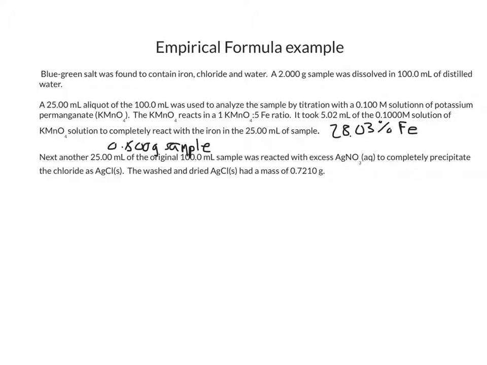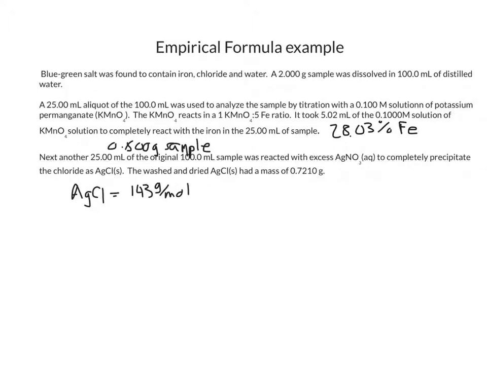So I'm going to base my amount of chloride in this 0.5 grams of sample by figuring out how many grams of chlorine is in this 0.721 grams of the silver chloride that was produced by the precipitation reaction. So we need to know the molar mass of silver chloride, and silver chloride turns out to have a molar mass of 143 grams per mole.